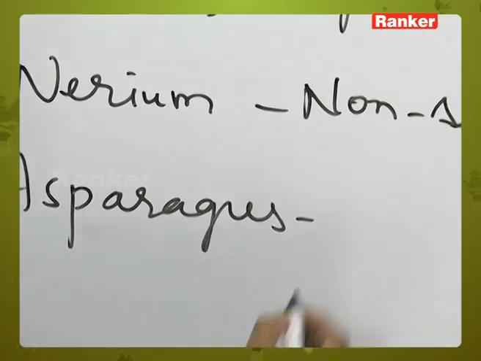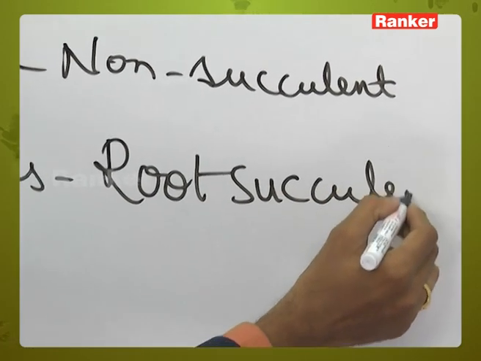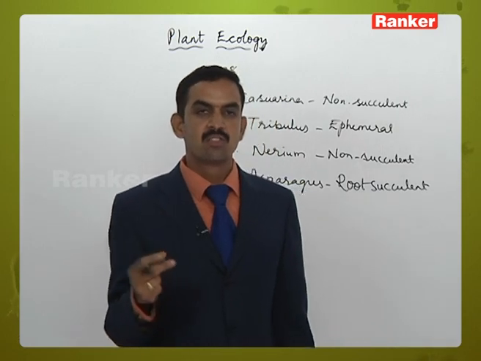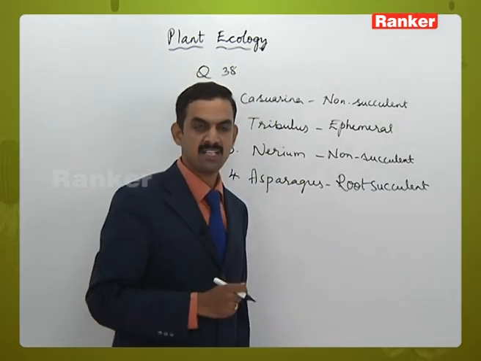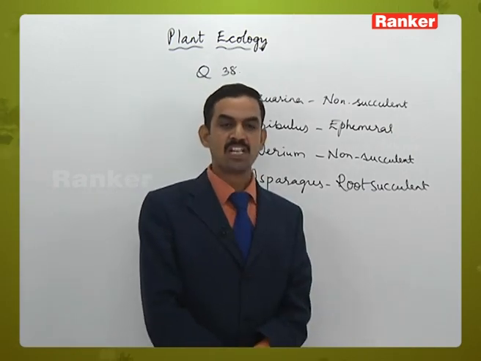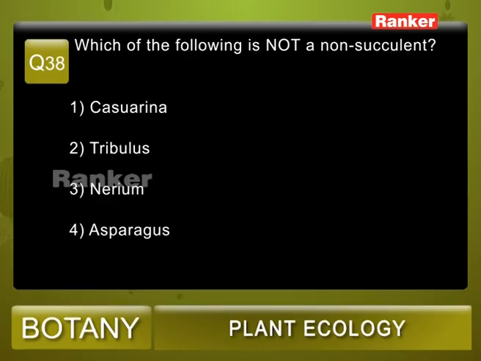Asparagus is a plant which is considered to be a root succulent. That means this is a plant in which the root becomes fleshy due to storage of water and a little food materials also. So out of this, which of the following is not a non-succulent? The option is 4. Question number 38, the correct answer is 4.